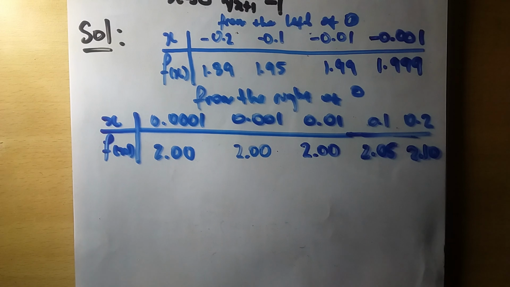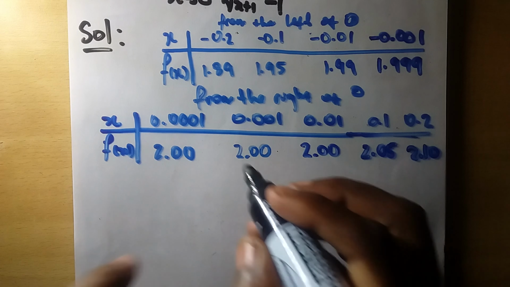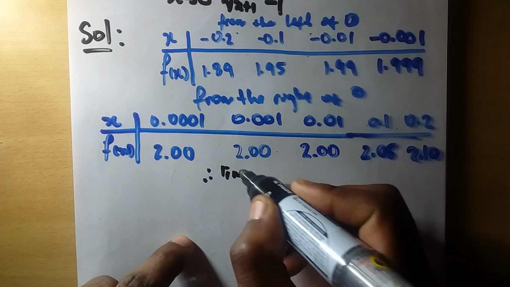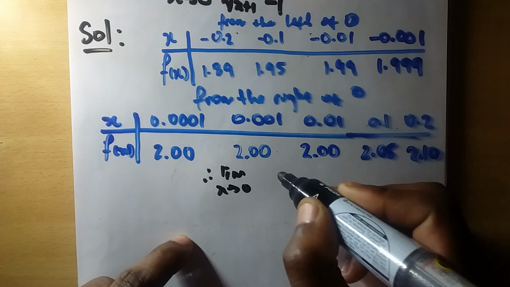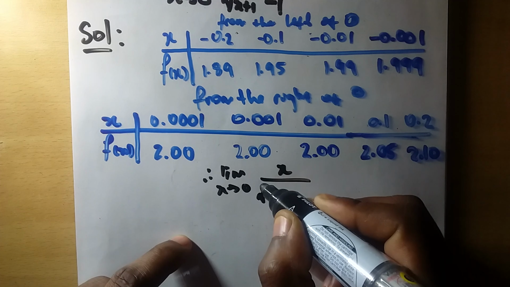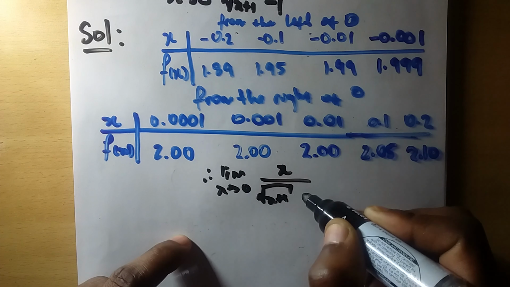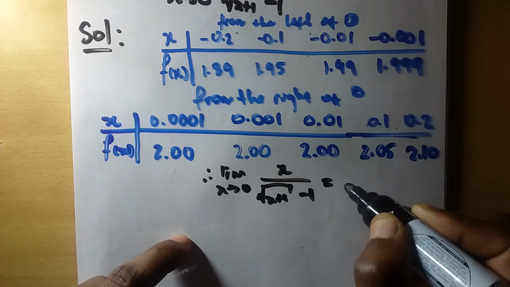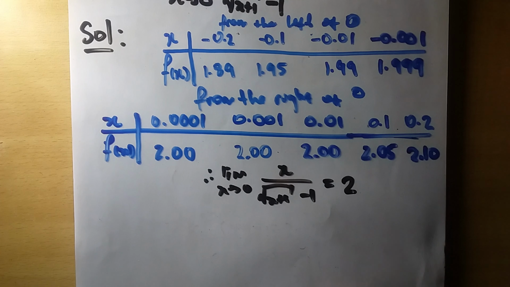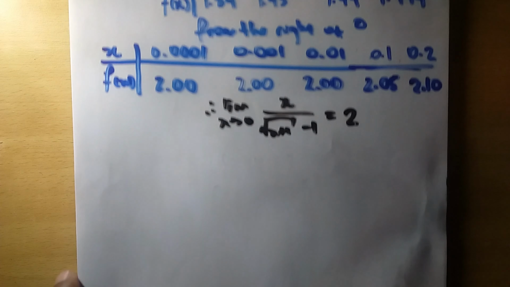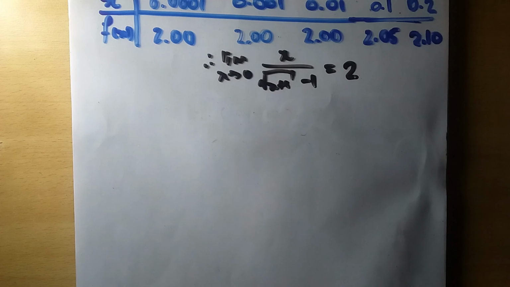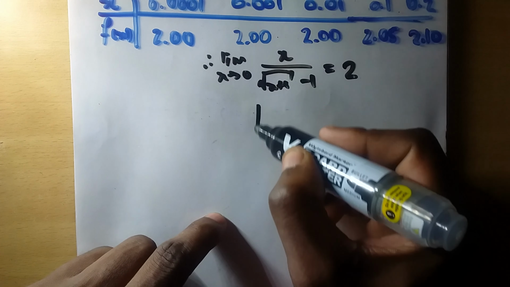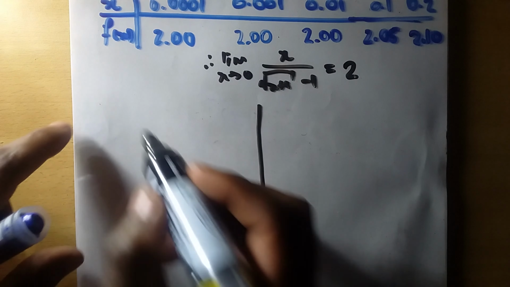Thus we can say that the limit as x approaches 0 of x over the square root of x plus 1 minus 1 is equal to 2. Now let us look at the second approach, the graphing one. So let me determine the space as early as possible.